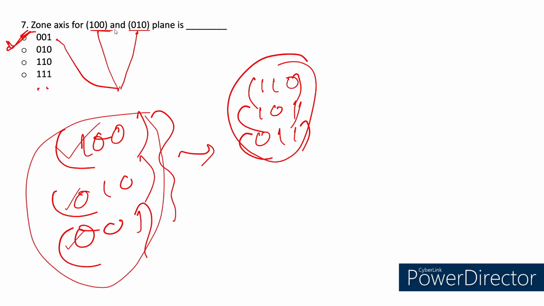That's why here the answer will be 001. 010 is basically the same as 100, so it won't be the answer. Similarly, if it had been asked for the zone axis for 110, then for this family of planes we would have referred to 110, 101 and 011. So the zone axis for 100, 010 should be 001.